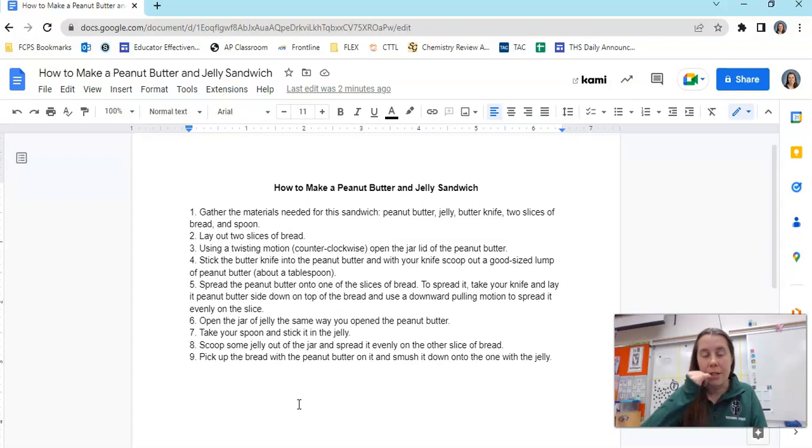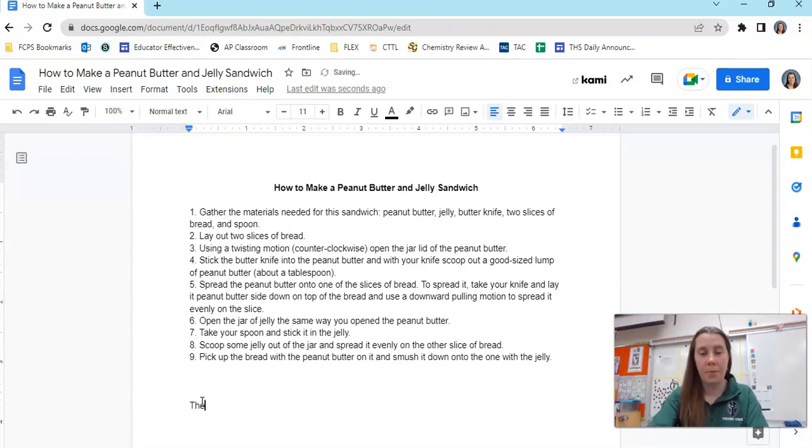All right, so the first step here is gather the materials needed for the sandwich, which includes peanut butter, jelly, a butter knife, and 2 slices of bread and a spoon. All right, so we are going to say that that is what happened, that the materials were gathered, not that I gathered them, but that they were gathered.